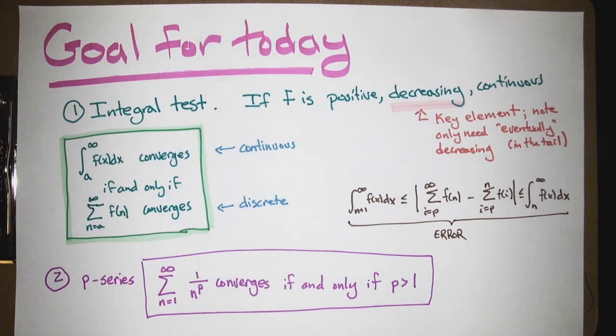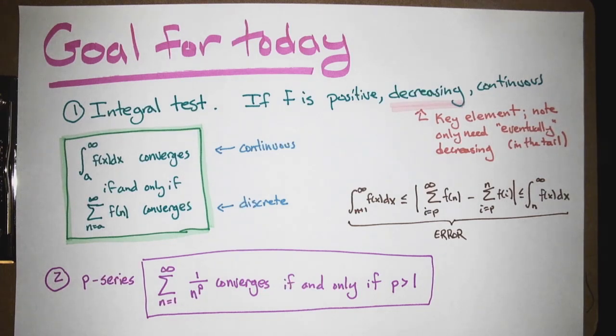Integrals are what we would call continuous; they work over all points on the line. Whereas sums only work on the sampled whole numbers. So it's a different beast, but somehow we're able to connect the two together. We'll get into the error, and we'll talk about that.